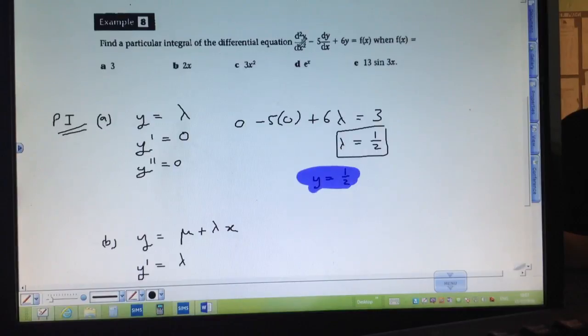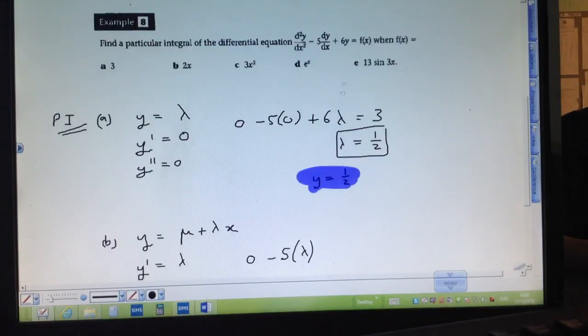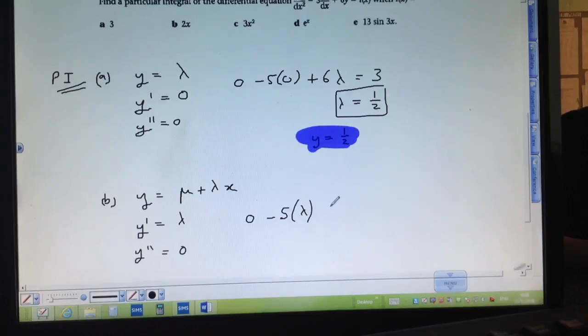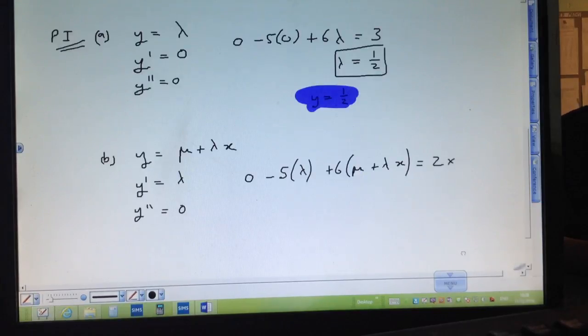Put it back into the equation: y dash dash is 0, minus 5 lots of y dash, which is lambda, plus 6 lots of mu plus lambda x, equal to the function of x, which on this occasion is 2x.